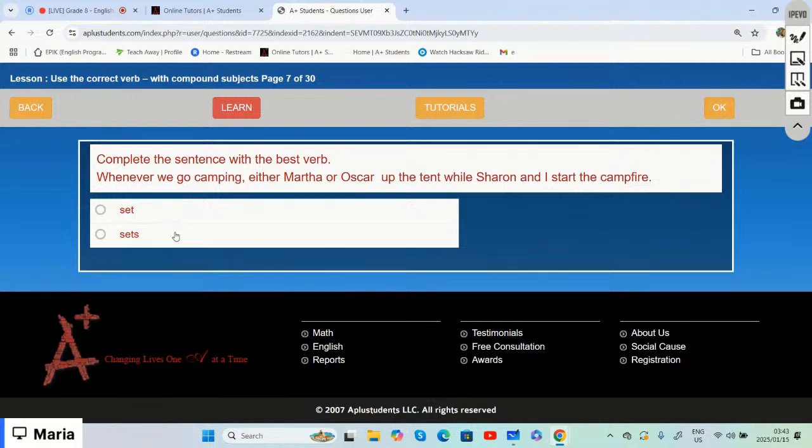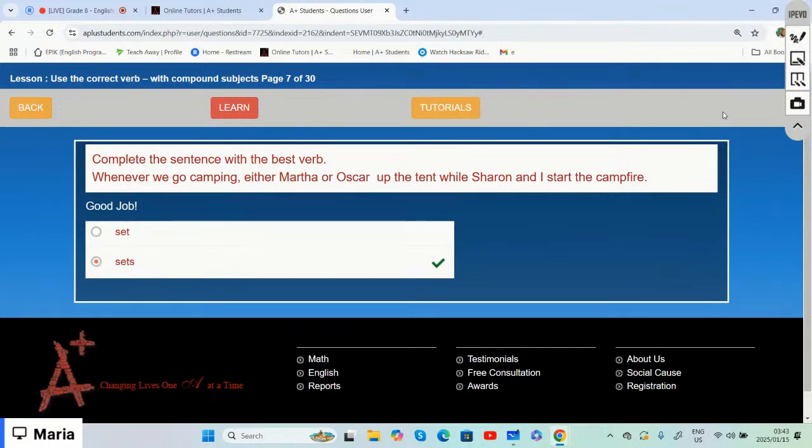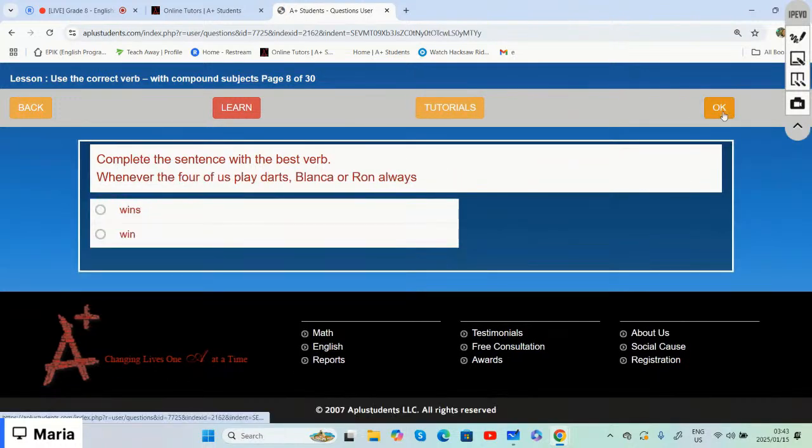And we can say, if it's either Martha or Oscar, then we say sets, because it's going to be one person that's going to set up the tent. So sets up the tent. And then we're looking at the last one.